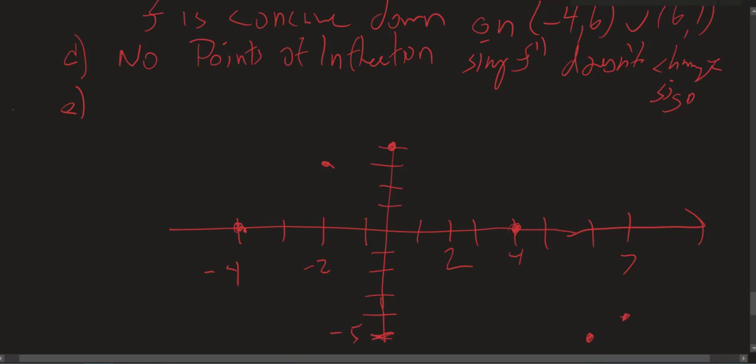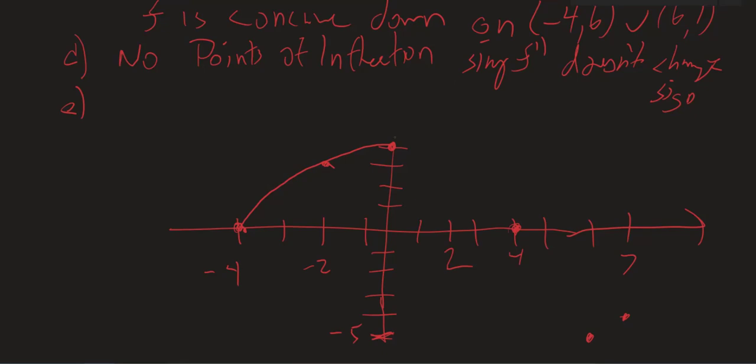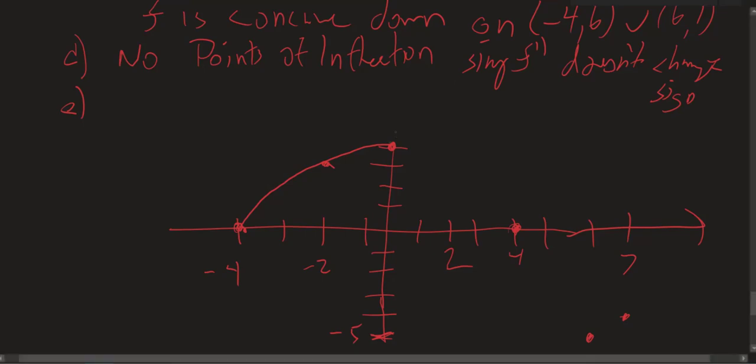So we know the function was increasing on the interval -4 to 0 and concave down on that interval, so we want to make it look like a frown. x equals 0 was a relative max, and then the derivative changed sign. So now the function's got to be decreasing and still concave down. Remember, it was concave down all the time.